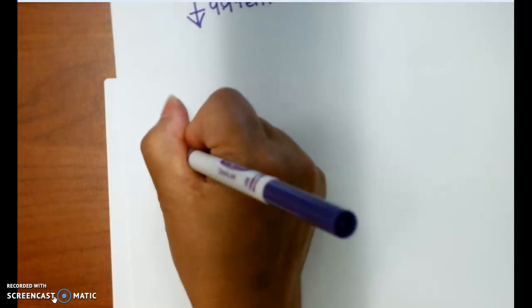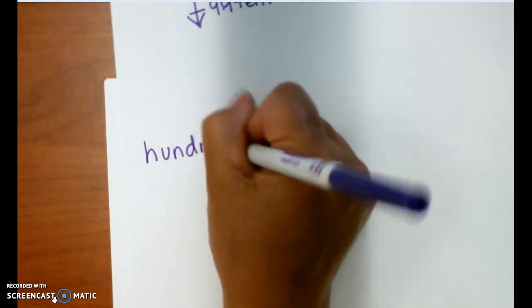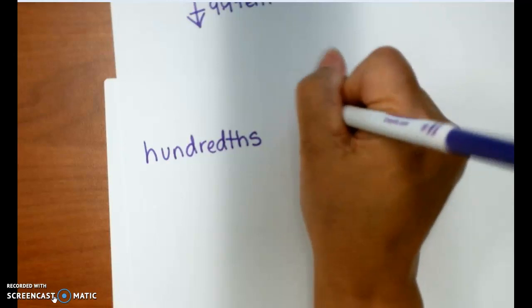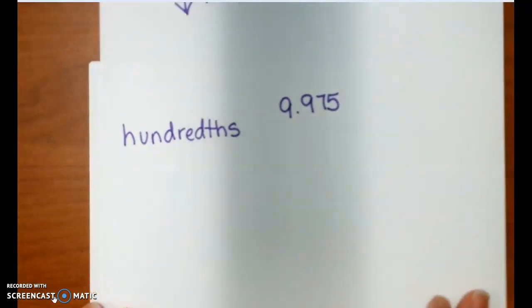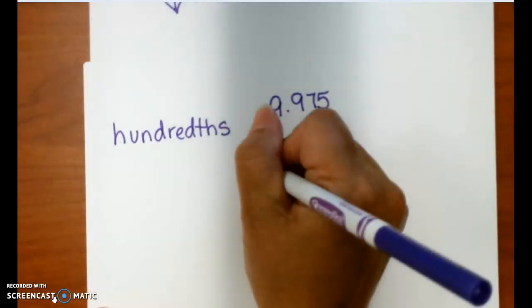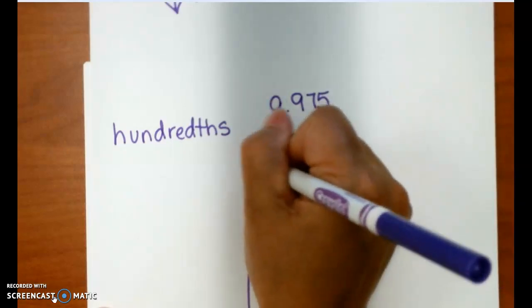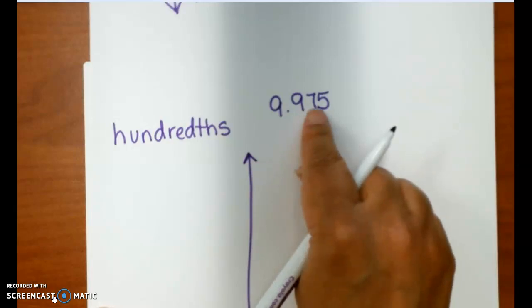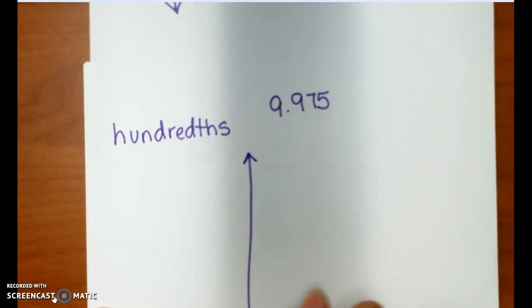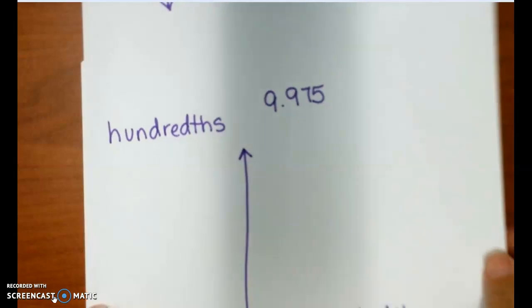Last one. Hundredths. We're going to round our same number, 9 and 975 thousandths. We're going to round it to the hundredths place. So, this time, I'm going to start with 997 hundredths.